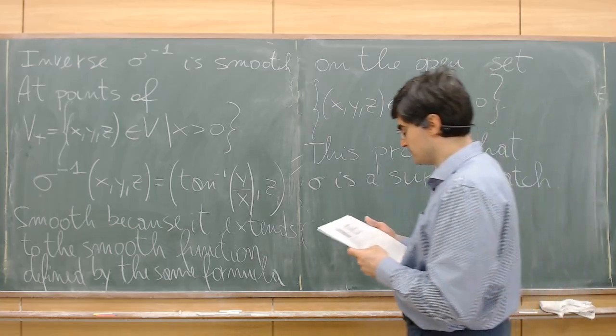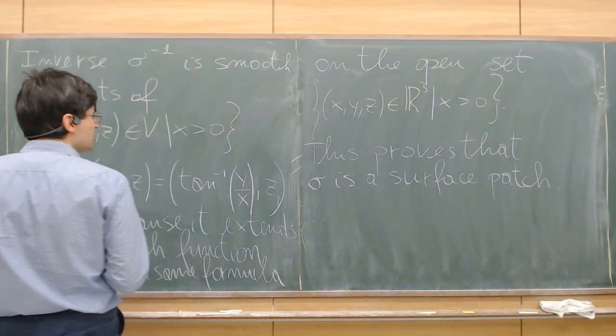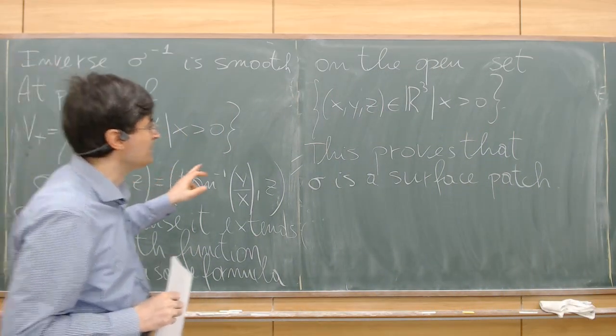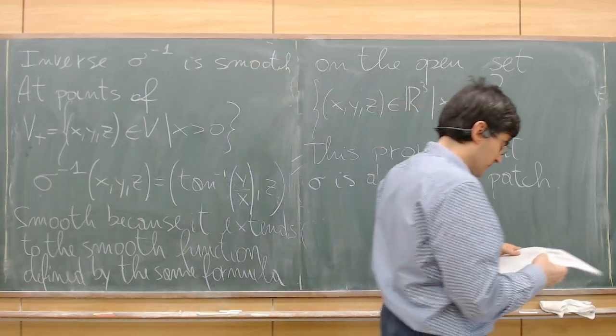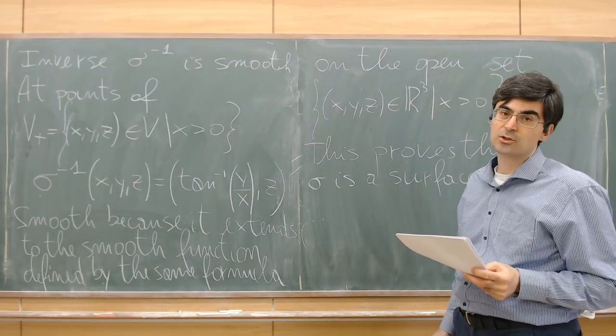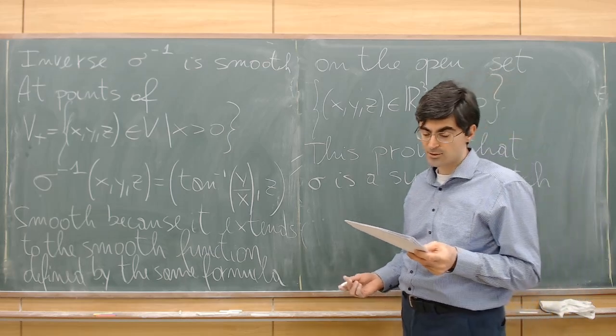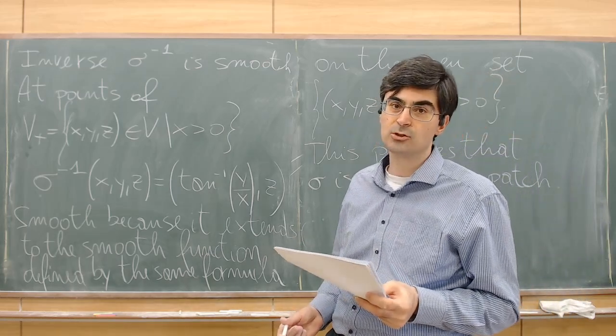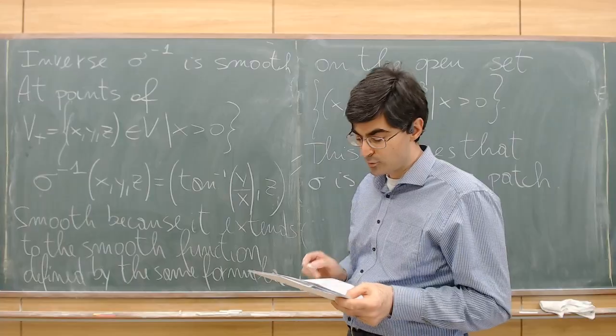Now, this surface patch here, unfortunately I erased, but the surface patch sigma covers all the points of C such that the first coordinate is not equal to -1.